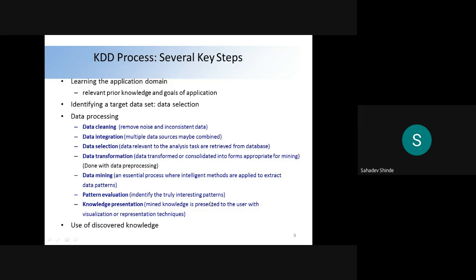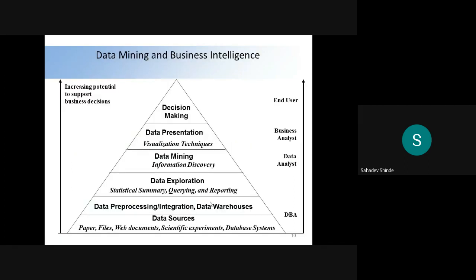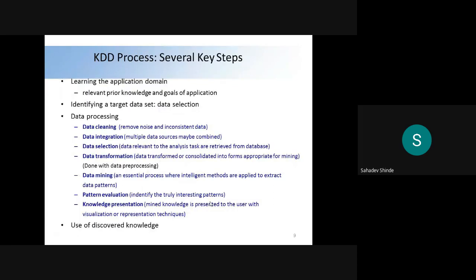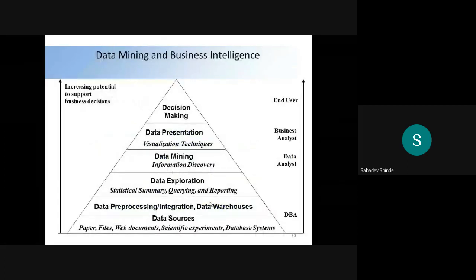Data transformation: data transformed or consolidated into forms appropriate for mining. Data mining is an essential process where intelligent methods are applied to extract data patterns. Pattern evaluation: identify the truly interesting patterns. Knowledge presentation: mined knowledge is presented to the user with visualization or representation techniques, and use of discovered knowledge here. Okay. So this is called the KDD process.